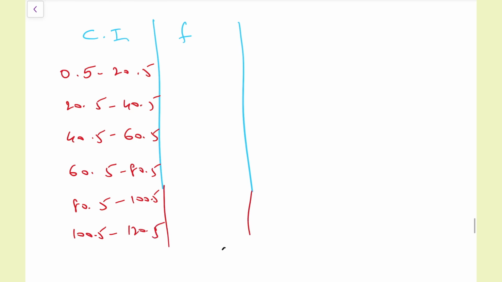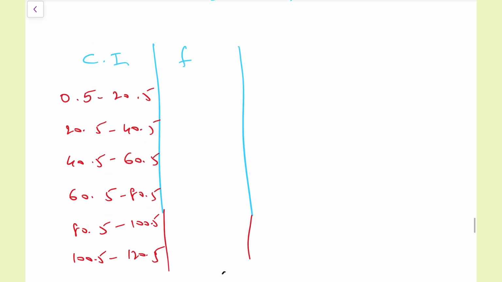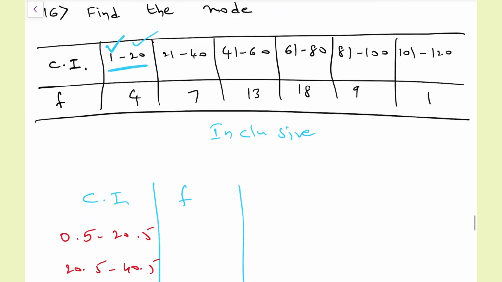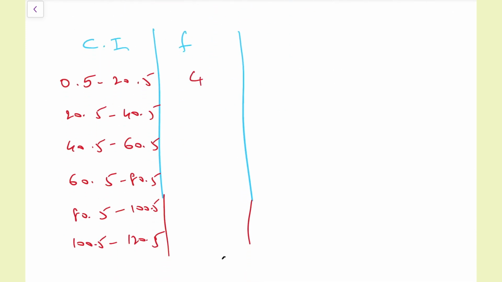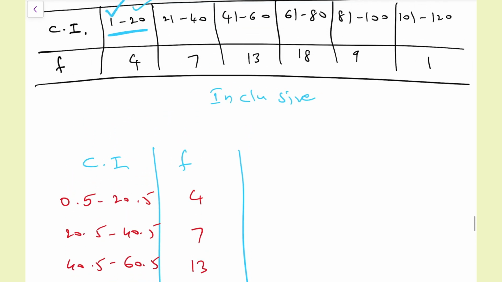That's it. Then for frequencies, there won't be any change, so write them as they are: 4, 7, 13, 18, 9, 1.